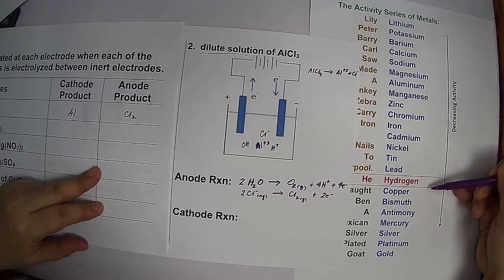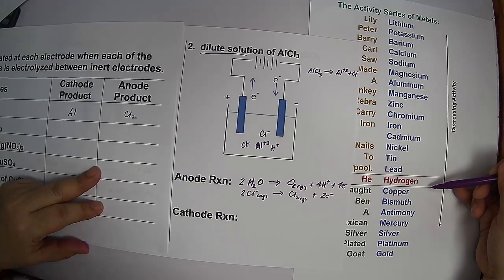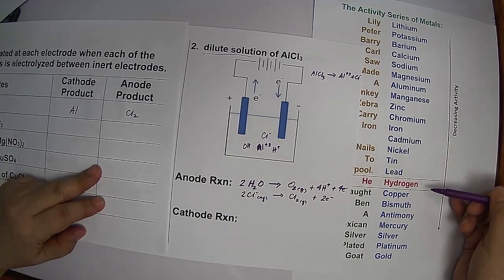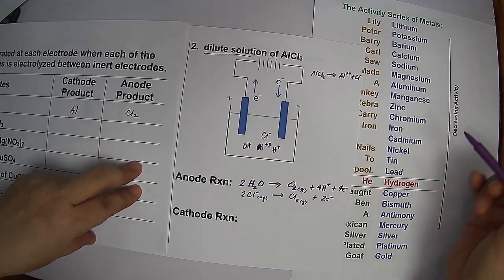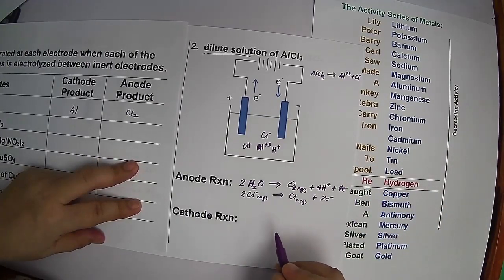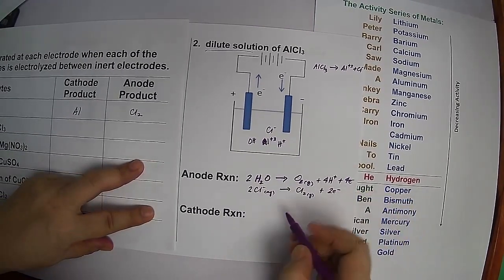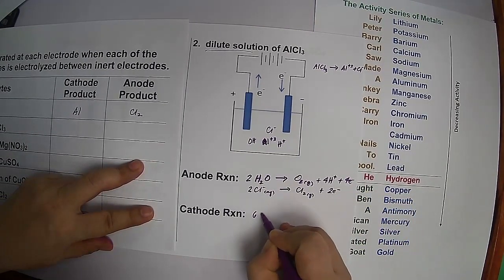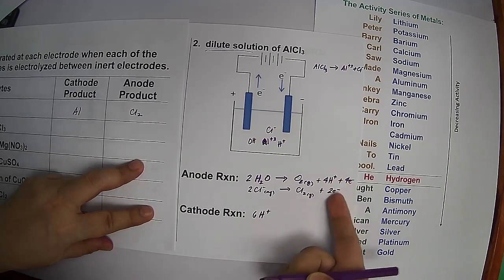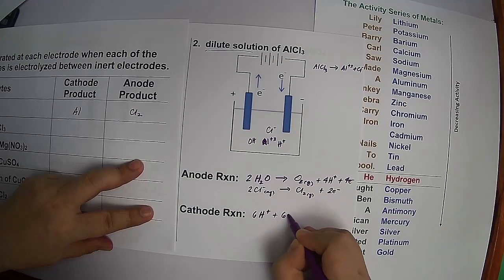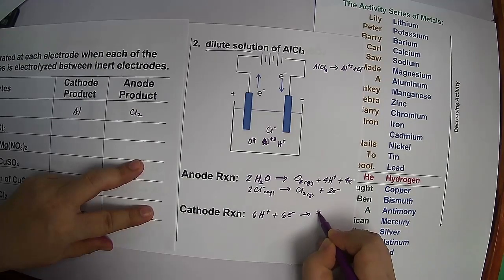It is hydrogen that will be formed at the cathode, not aluminum, because hydrogen has a greater tendency to accept electrons and aluminum has a greater tendency to be oxidized, or to lose electrons. So the 6 electrons would give you 3 moles of hydrogen gas.